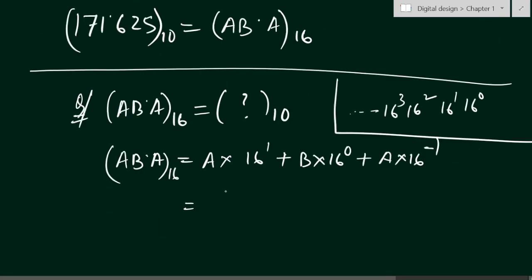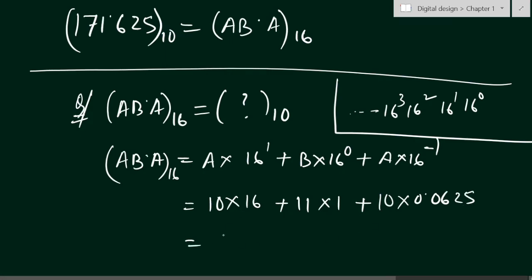So A is 10. 10 into 16 to the power 1 is 16, plus B is 11 into 16 to the power 0 is 1, plus A means 10 into 16 to the power minus 1 is 0.0625.